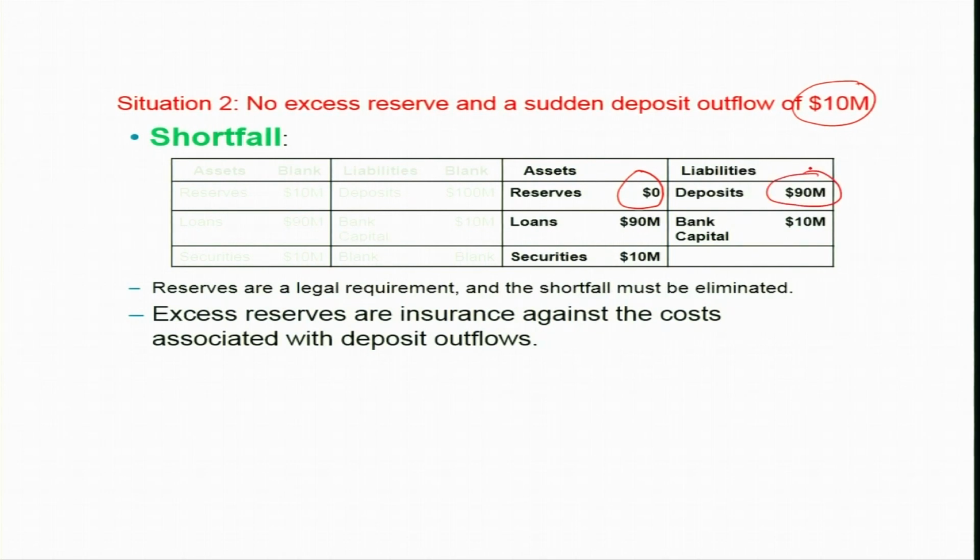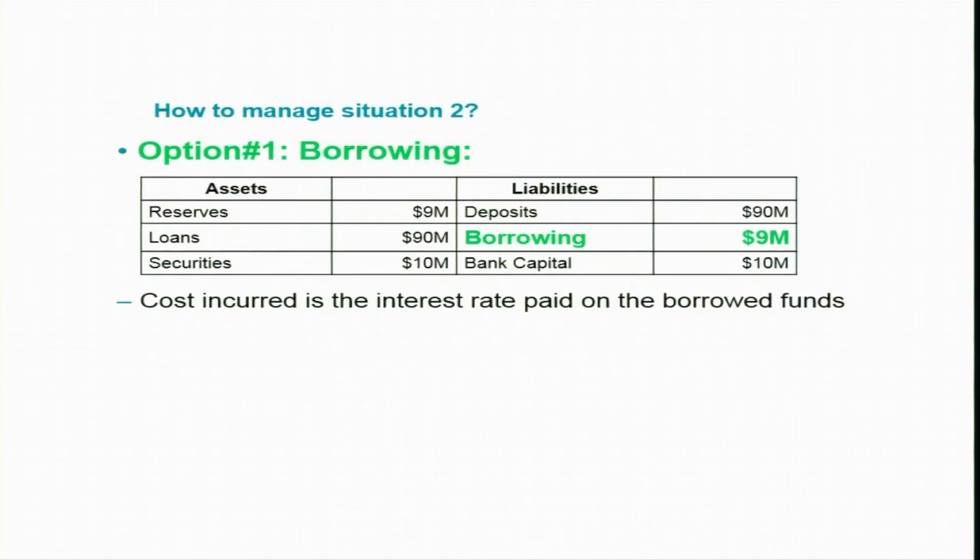Now the deposits have come down to 90 million, and they have to keep 9 million as required reserve, but at the moment they have 0 reserve. So what we have shown here is that banks normally keep excess reserve as insurance against the cost associated with deposit outflow.